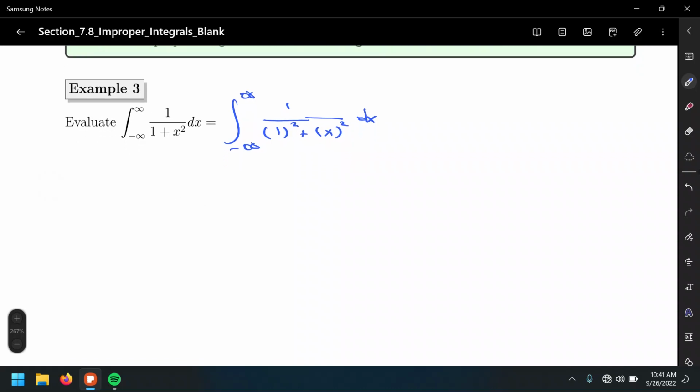But number one, we need to split this into two integrals. Actually, we need limit notation for this.